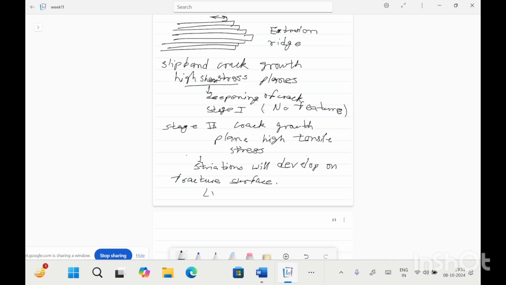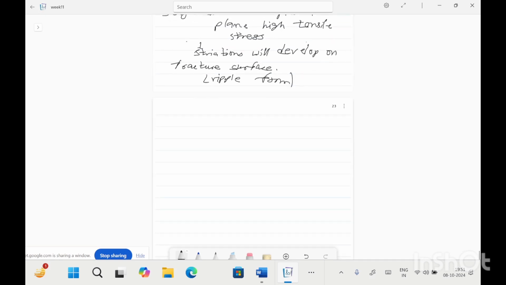Striations are generally of ripple form, and can be seen as these lines.